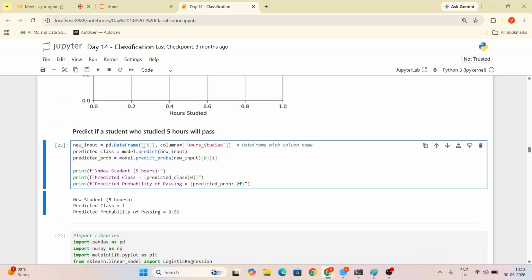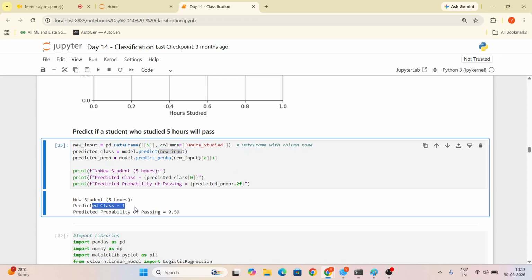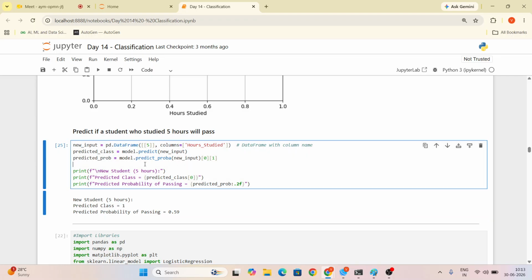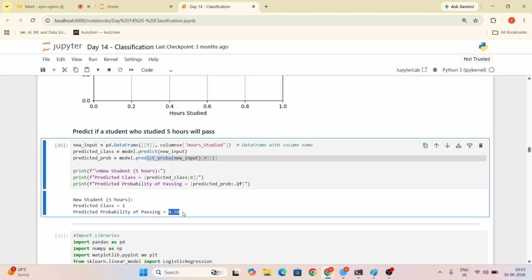So here I'm just asking: if I am studying 5 hours, what's the predicted class? If I am studying 5 hours, I am getting pass. Just the predicted probability; we can see our marks approximately. So what is our mark? 59. If we study 5 hours, we will get 59 marks.